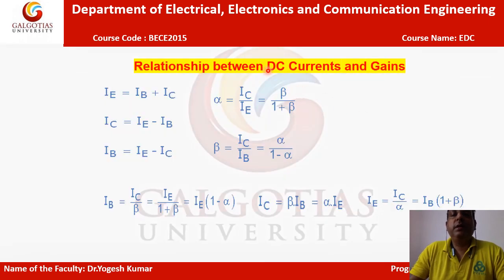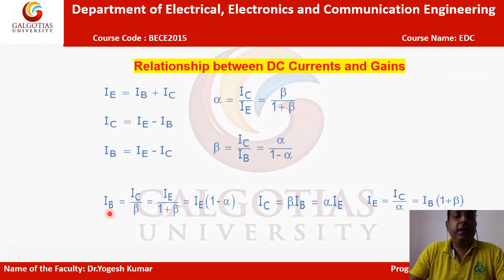Now the relationship between the DC current and the gain. We know that IE is equal to IB plus IC, so we can write IC is equal to IE minus IB, or IB is equal to IE minus IC. Alpha, we know that IC upon IE; the relation between alpha and beta is beta upon 1 plus beta. Beta, we know that IC upon IB; the relation between beta and alpha is alpha upon 1 minus alpha.